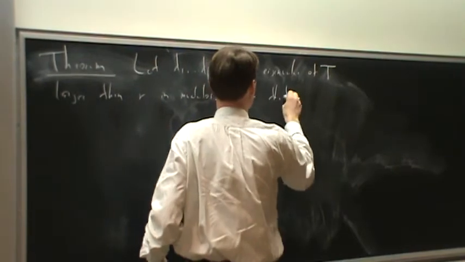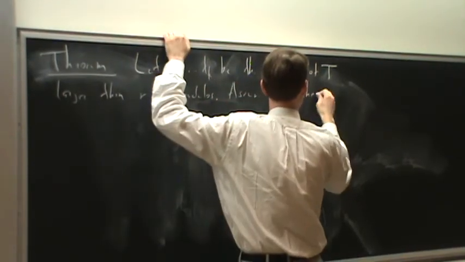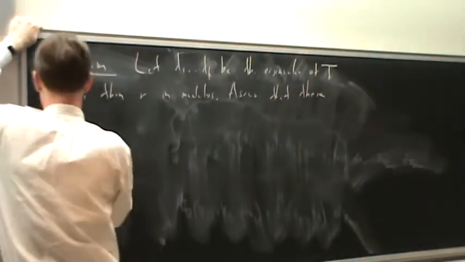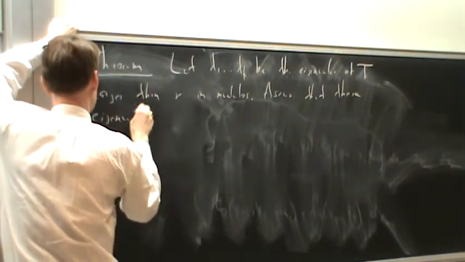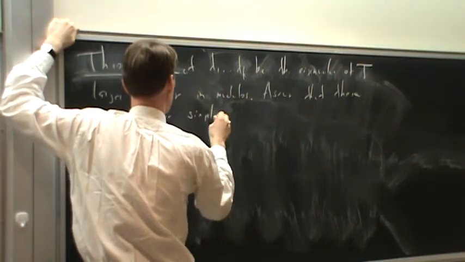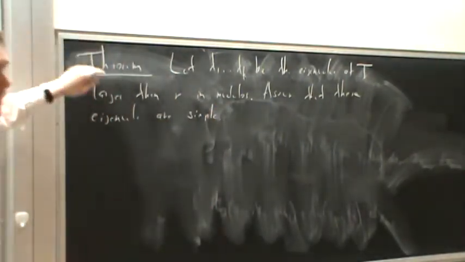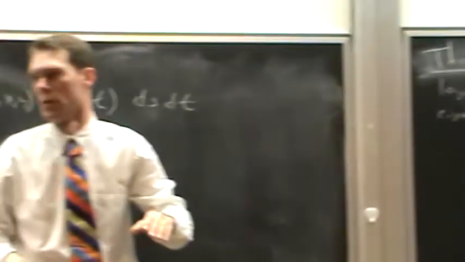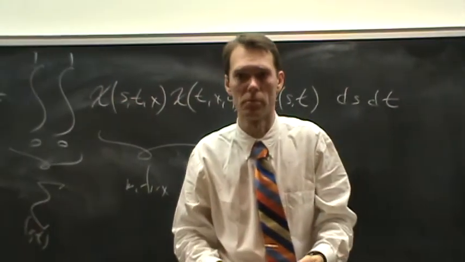Assume that these eigenvalues are simple. I don't want any problem with Jordan canonical form.